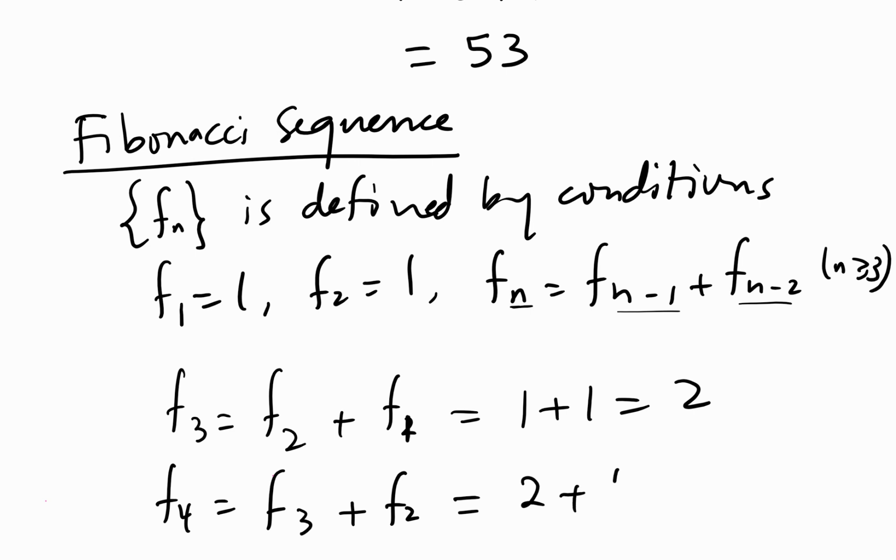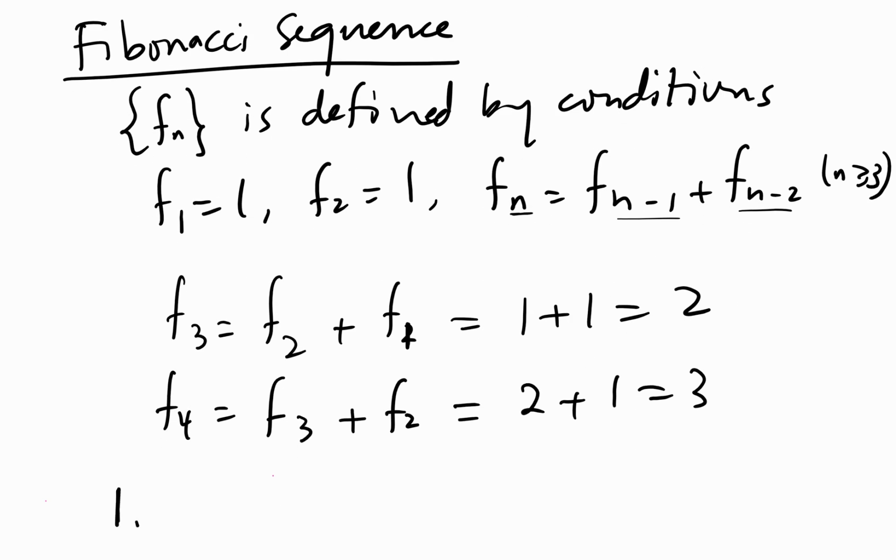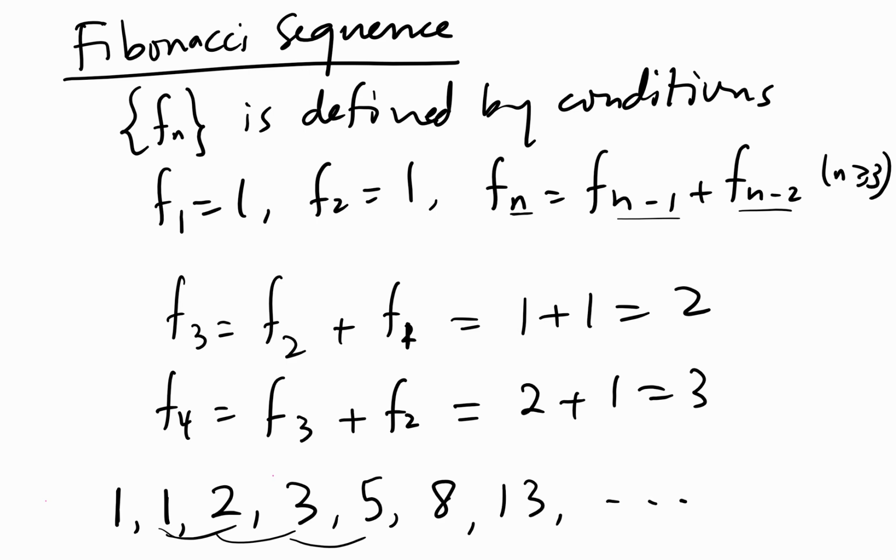We just found f_3 is 2 and f_2 was 1, so you get 3. You can see how the pattern works. The first term is 1, f_2 is 1, we found f_3 is 2, and the next one 3. So basically you add the last two terms to get the following one. If I add 2 plus 3, you get 5. Add 3 plus 5, 8, then 13, and so on. That's called the Fibonacci sequence.